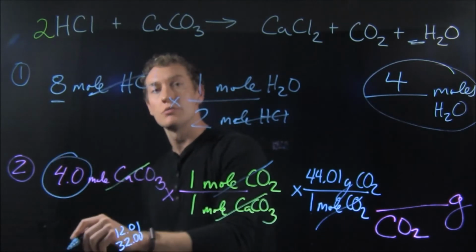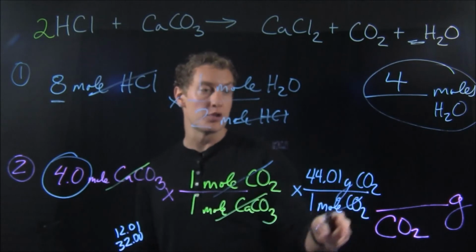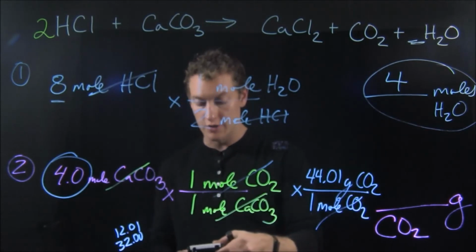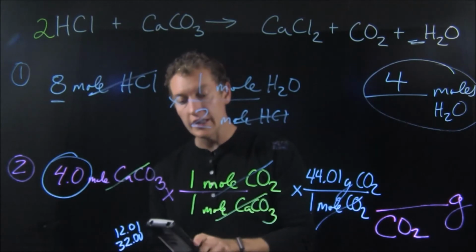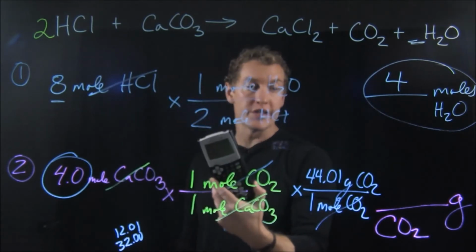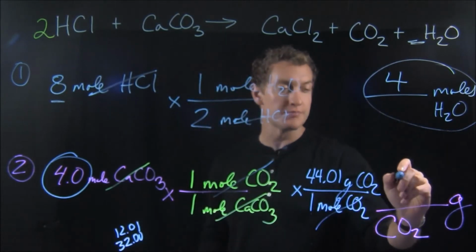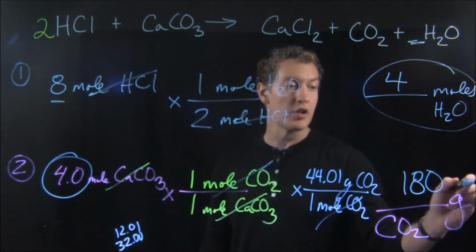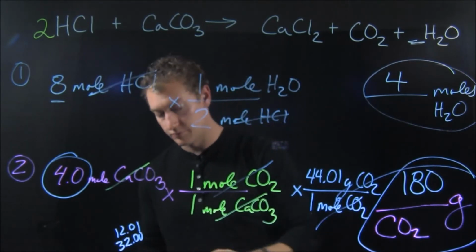The initial provided information was 2 significant figures, so we will keep 2 significant figures in our answer. Calculator tells you 176.04, but rounded to 2 significant figures, that's going to be 180 grams of carbon dioxide.